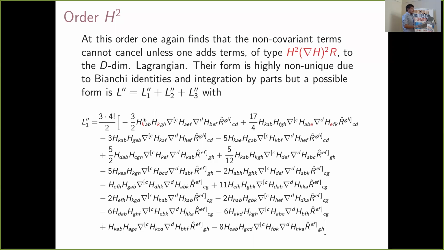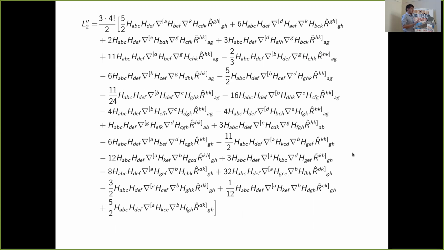And this L1 consists of things where there is a contraction between these 2 H's or between the 2 H's under derivatives. Okay, the exact form is not important. L2 is slightly longer. It consists of terms where there's no contraction between these 2 H's or between the 2 H's under derivatives.